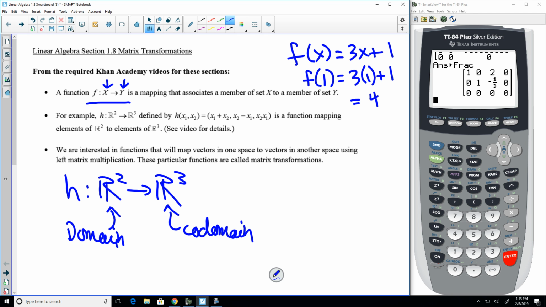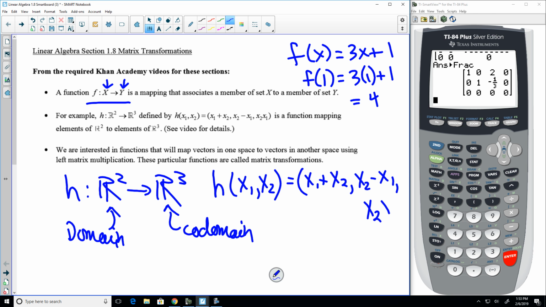And we have this definition. It's kind of a horizontal way to write these inputs. So we're inputting two values. These are the two entries in an R2 vector. And we're going to output three things. We're going to output the sum, the difference, and the product. So we get three things that get outputted.